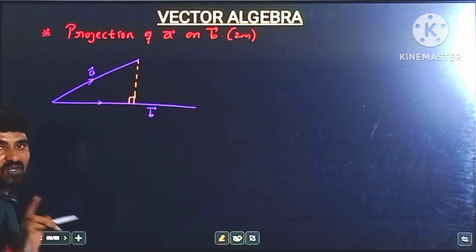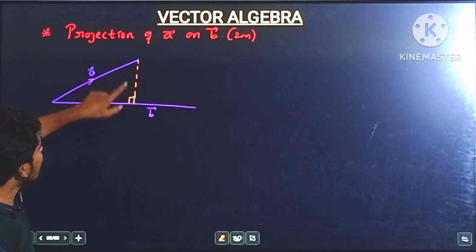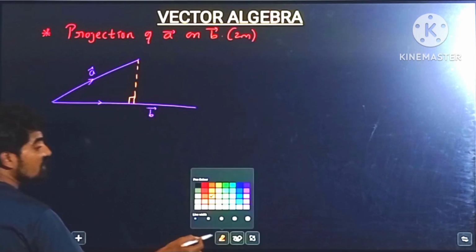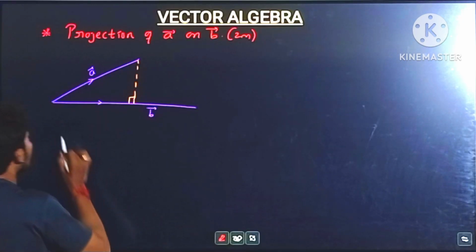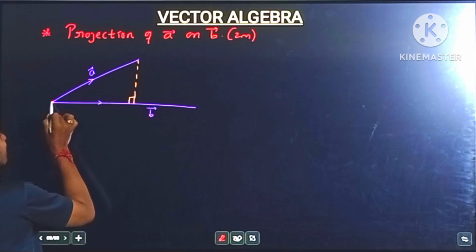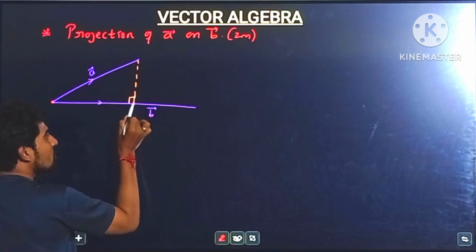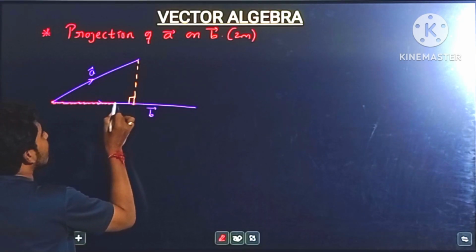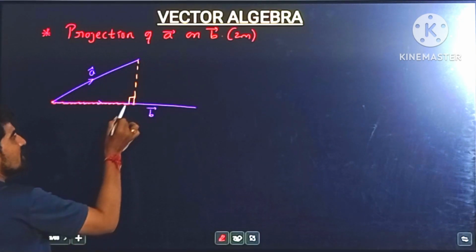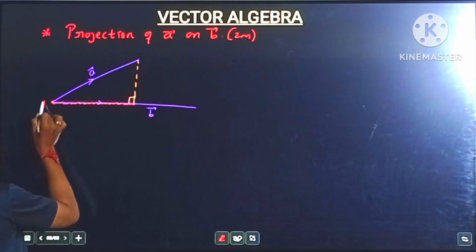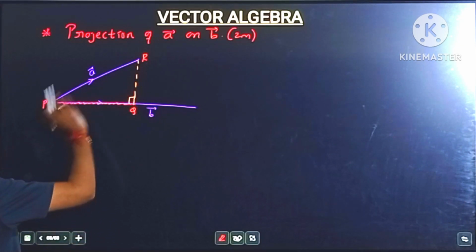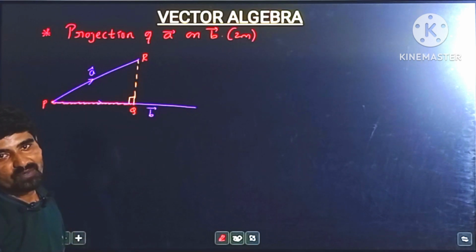After drawing the perpendicular line from the head of A vector to the B vector, the portion covered from the tail of the A vector to this perpendicular line is called the projection of A vector on the B vector. For example, P, Q, R. So PQ is called the projection of A vector on B vector.